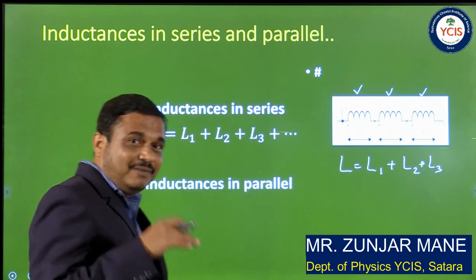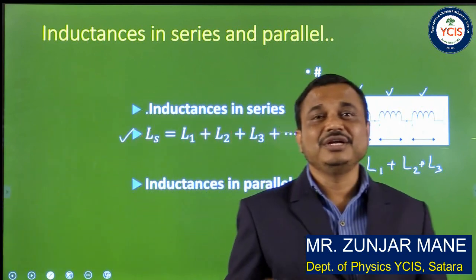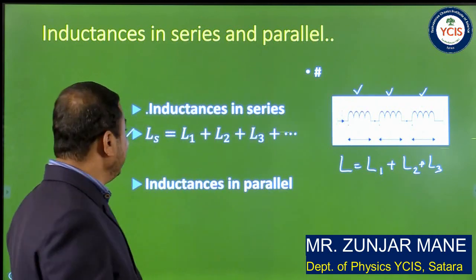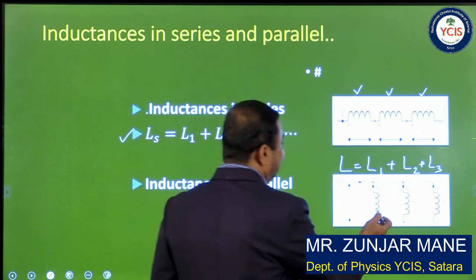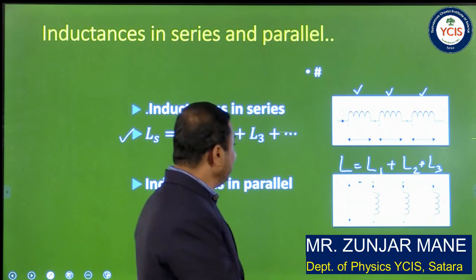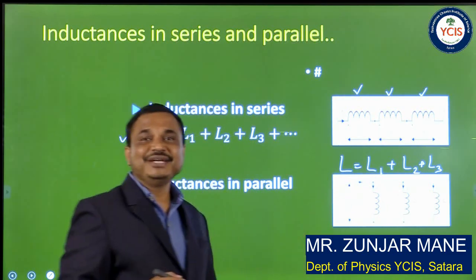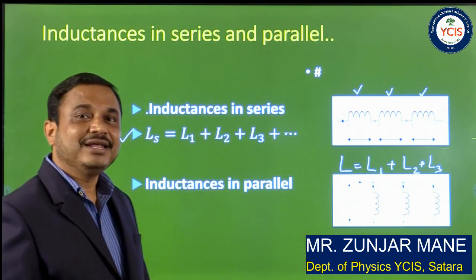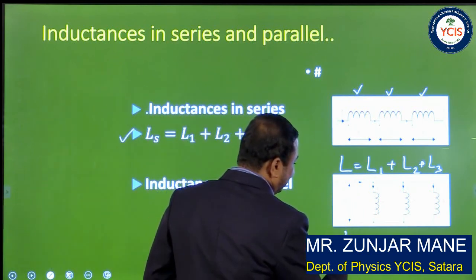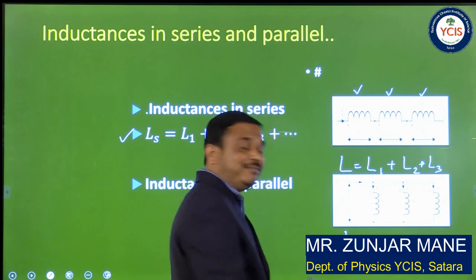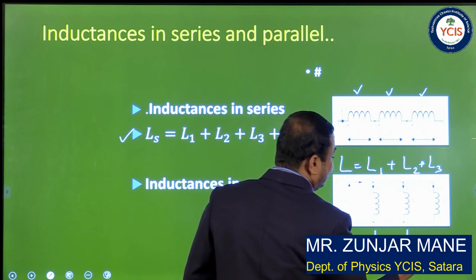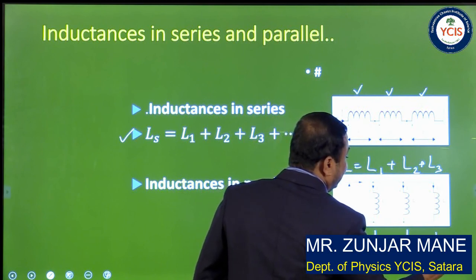When a number of inductors are connected between two common points, that arrangement is called inductors in parallel. So let us consider again three inductors L1, L2 and L3 connected between two common points. Then their effective inductance is given by the equation 1 upon L equal to 1 upon L1 plus 1 upon L2 plus 1 upon L3.